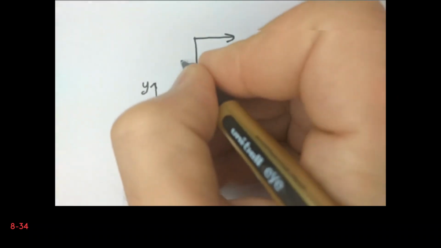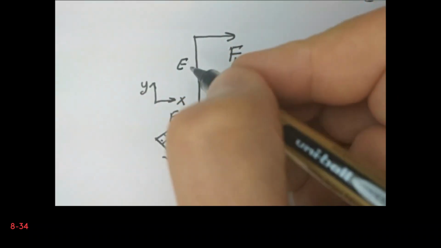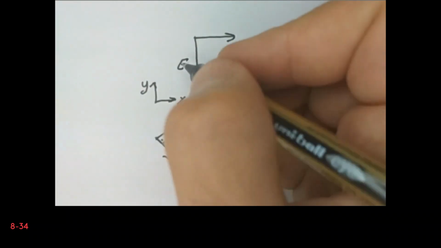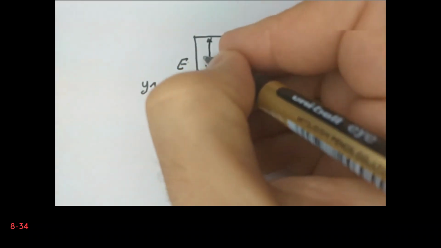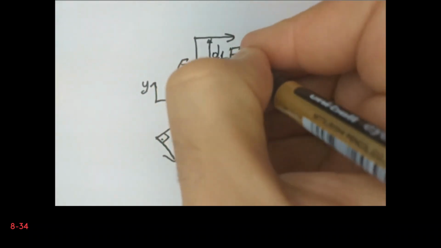So let's define some variables, in fact. So this is D1, and then we have another dimension here.